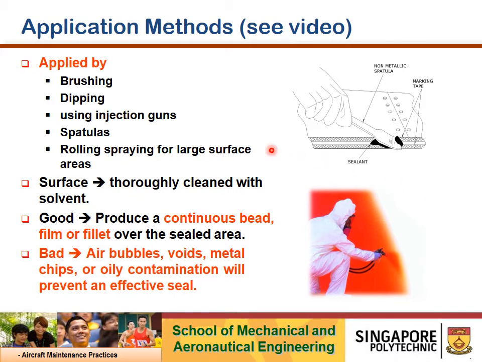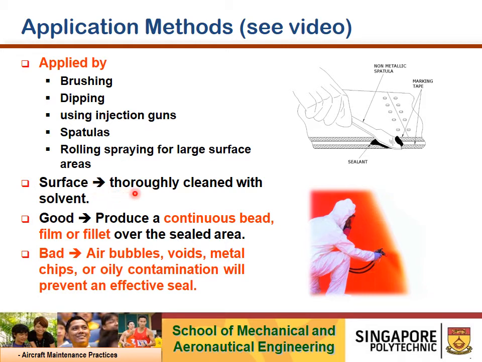Sealant application method. There are various methods to be used when applying sealant. There are videos in a later part of the slides you can click on to watch sealant application. So sealant can be applied by brushing, dipping, using an injection gun, the sealant gun, spatulas, and rolling.